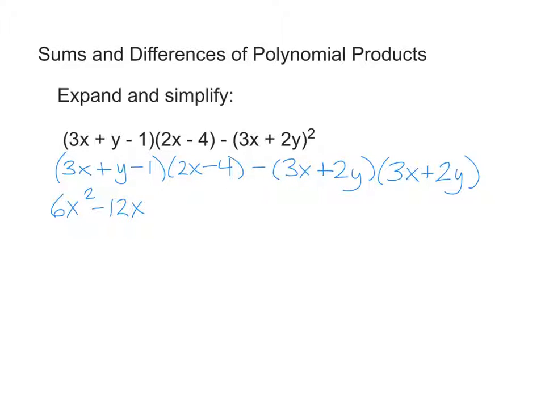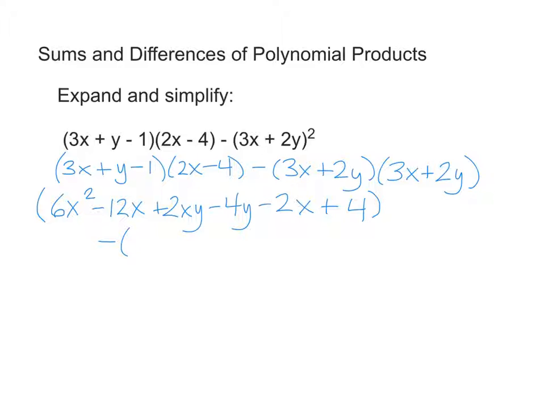Then I'll take the y and multiply it by both of those. So I get plus 2xy minus 4y. And then the negative 1 multiplied by both of those. Negative 2x plus 4.